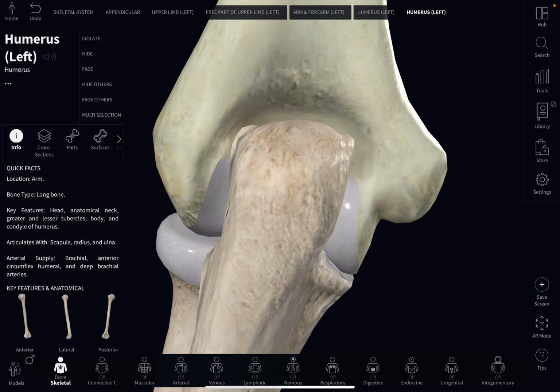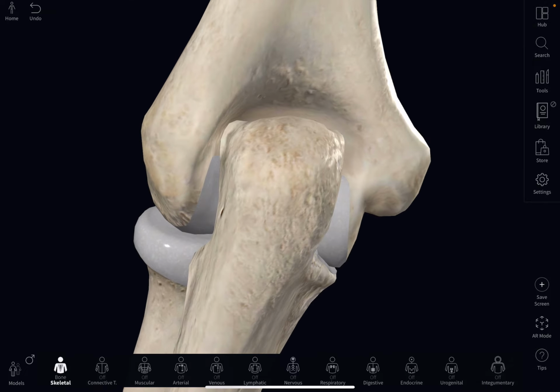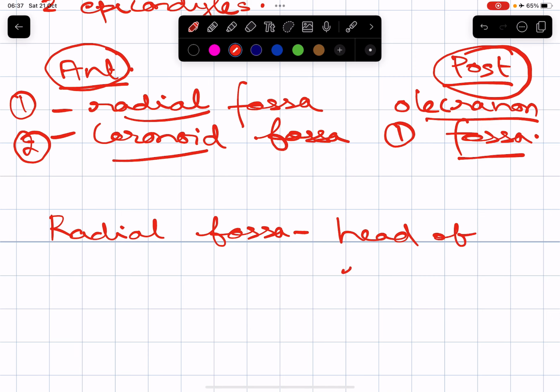So that's called the olecranon fossa, and it is occupied by the olecranon process during extension of the elbow joint. Right, so the radial fossa is occupied by the head of the radius during flexion of the elbow.